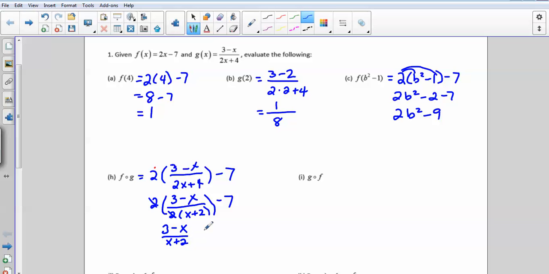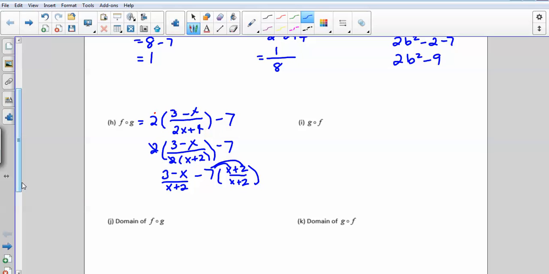Now I still have a minus 7 over here, and I want to be able to combine that with my fraction. So I need to get a common denominator of x plus 2. So I'm going to multiply the 7 times x plus 2 over x plus 2. Distribute the negative 7 to each term. And now I have a common denominator, so I'm going to make this all into one fraction over x plus 2.